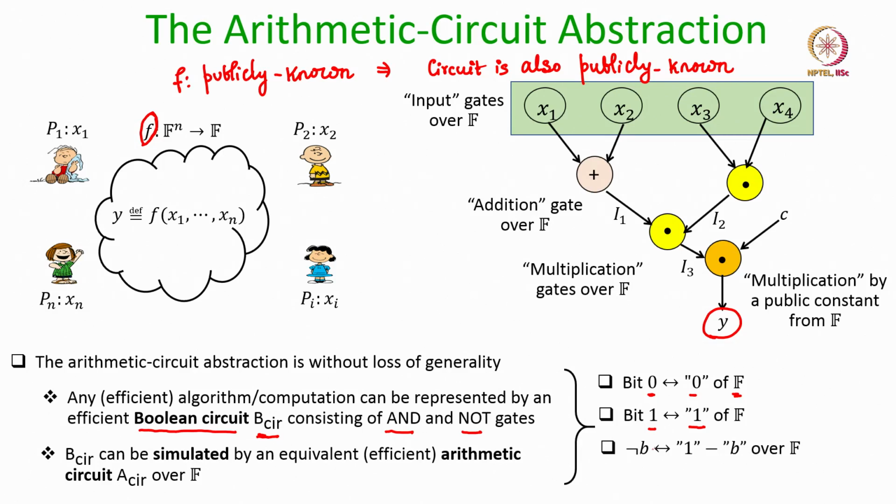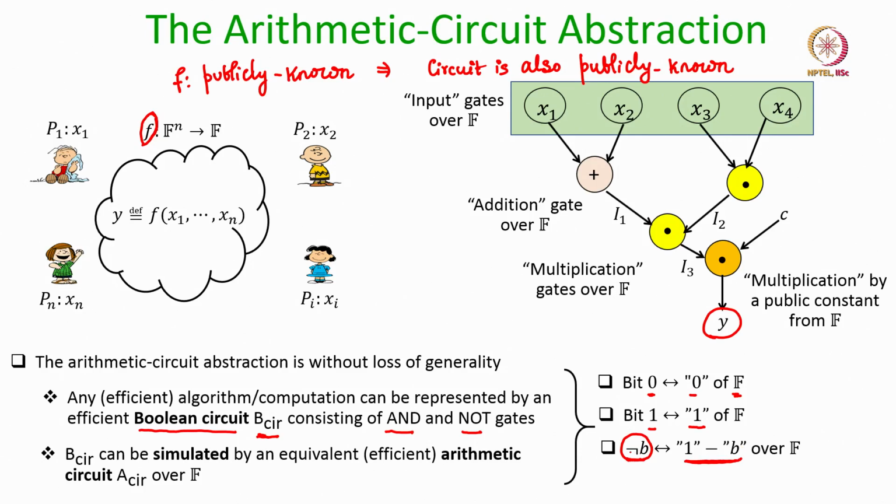And now, wherever in the Boolean circuit we have a negation gate, that can be simulated by performing this operation over the field. That means, corresponding to every NOT gate, we can write down a gate over a field, namely a subtraction gate, and remember, over the field there is no subtraction. Subtraction is nothing but adding with the additive inverse.